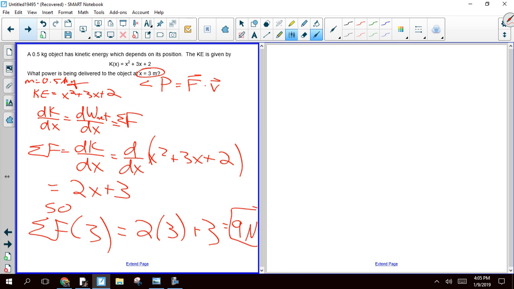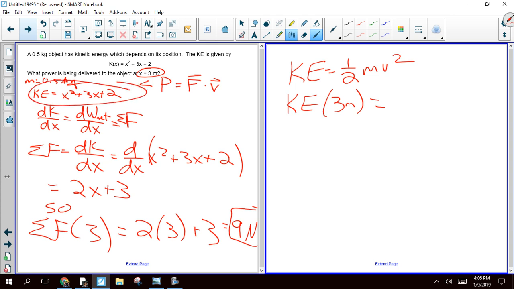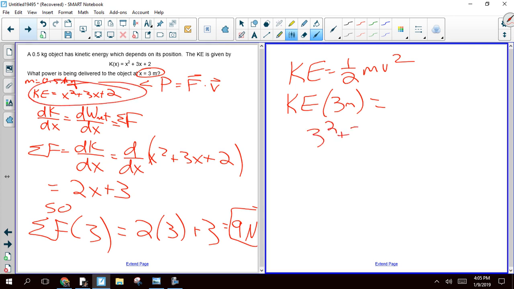Now we've got to find the velocity. Check it out. Kinetic energy is 1/2 mv squared. So my kinetic energy when I'm at a position of 3 meters is determined by this equation. So 3 squared plus 3 times 3 plus 2.